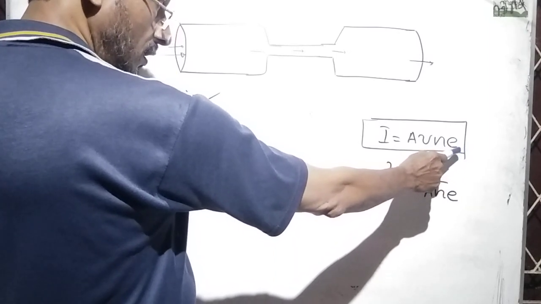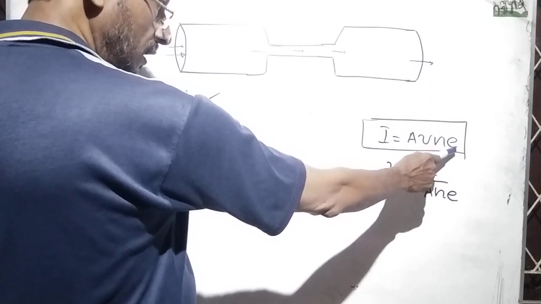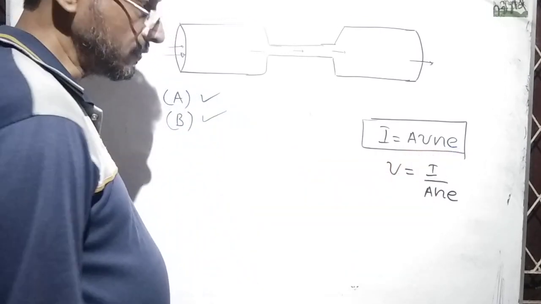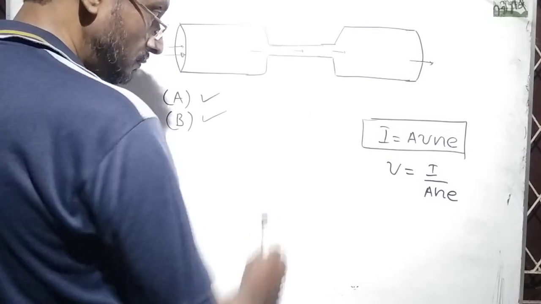That means when we consider the current, the charge of a charge carrier is equal to the charge of an electron. E is the charge of an electron.